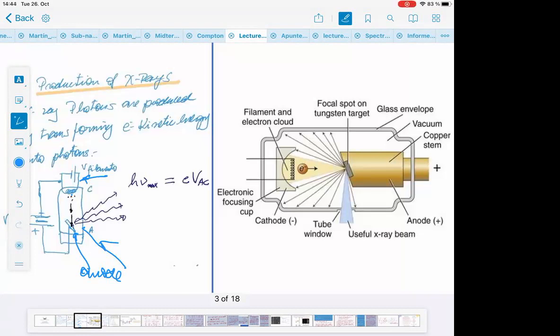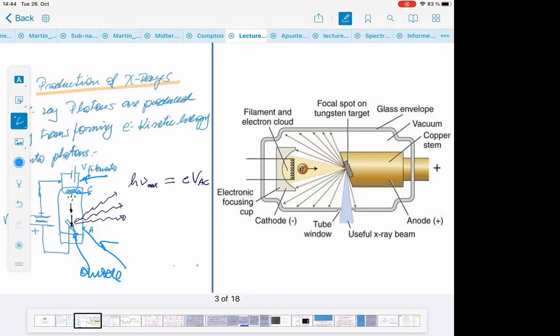So this is where the electrons come out, and they are accelerated towards the anode, and then the electrons are fully decelerated in the collision with the anode material, and radiation comes out. That is the description of the phenomenon. So you have a beam of electrons colliding with the material, and the electrons apparently deliver a large fraction of their energy to the photon field.